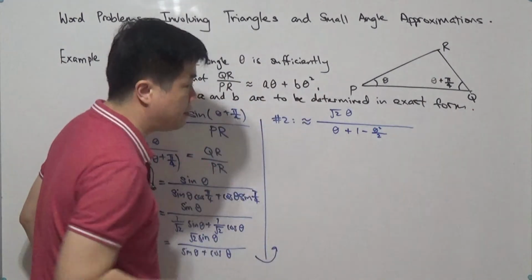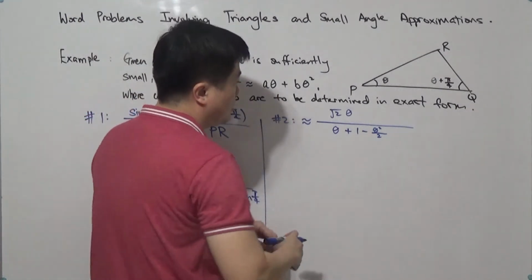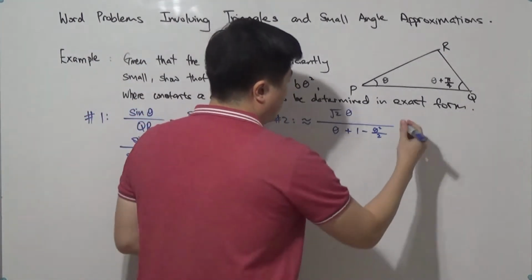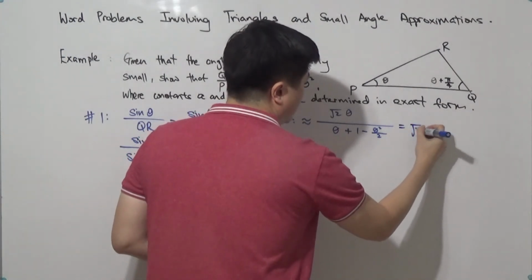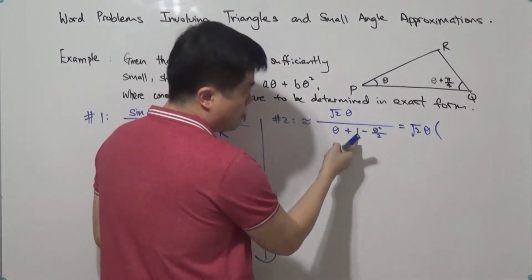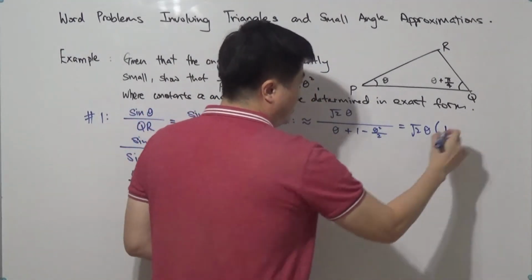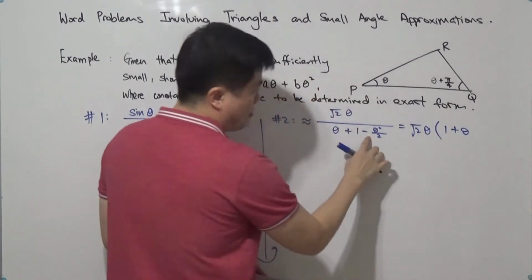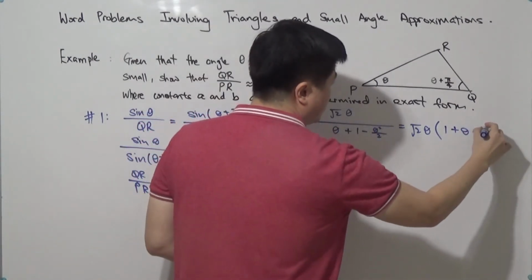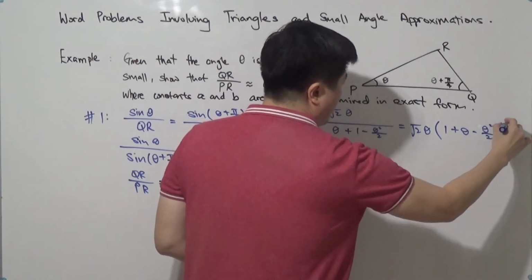Again, I'm just going to leave it as 2. So in fact, if we want, we can rearrange this. We got square root 2 theta, and then we can move this to the numerator. So we can start with the 1, and then plus theta, and minus theta squared over 2, then close bracket to the power minus 1.